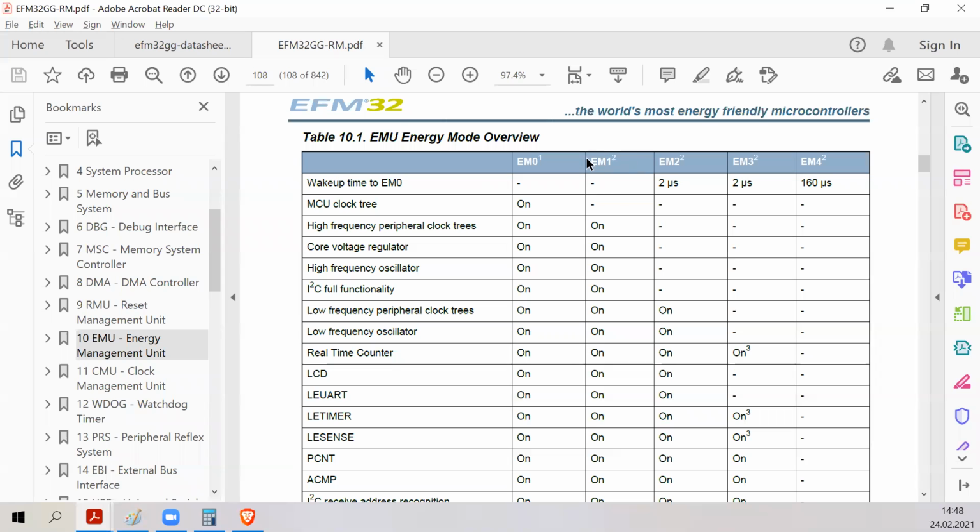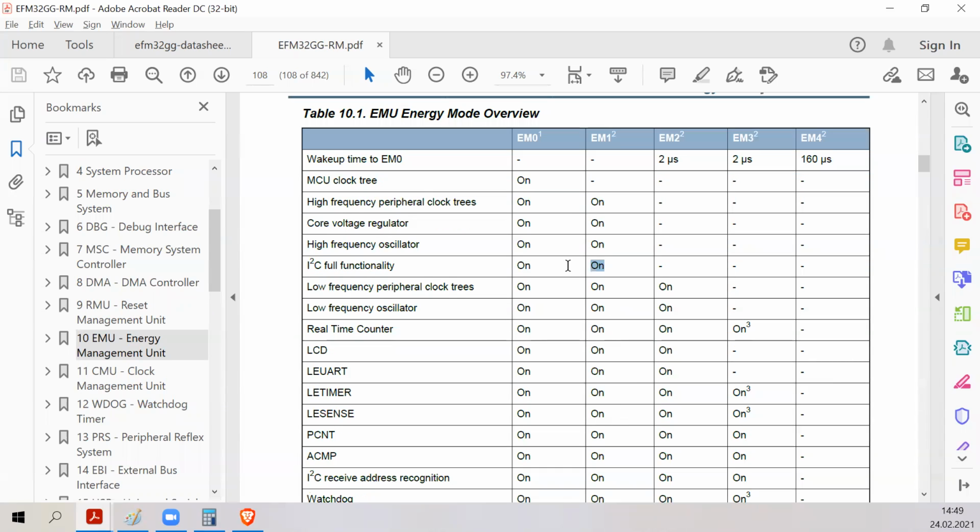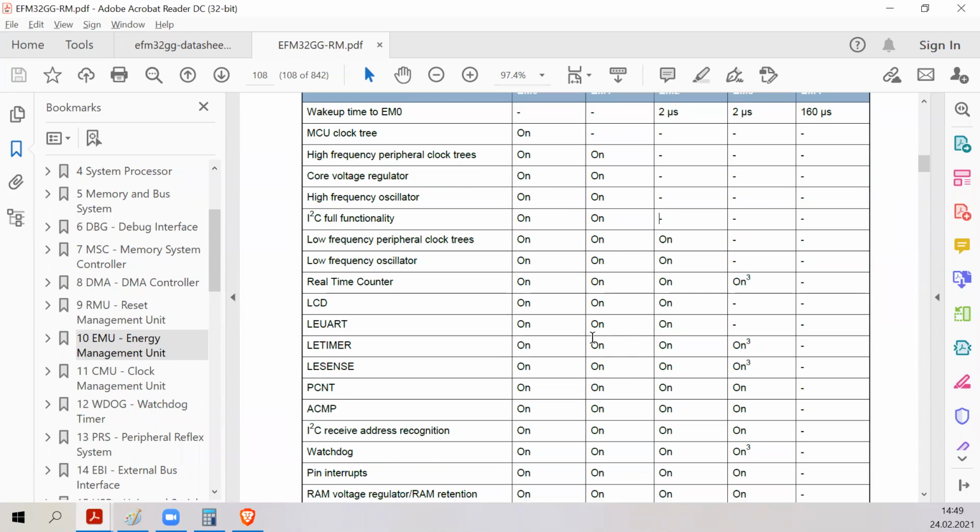So this energy mode 1 drops the microcontroller's power consumption by something like maybe 80%. It drops it to a couple of maybe 1 milliamp, but it saves some energy. But it is also not considered low energy mode. It's high energy mode. It just consumes less energy because MCU is paused. But all of the peripherals are working. So you are sending data back and forth. All the timers are working. PWM is working and so on.